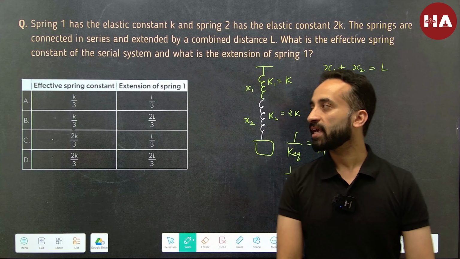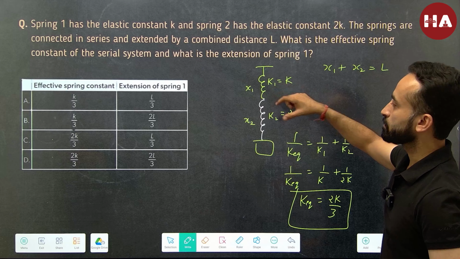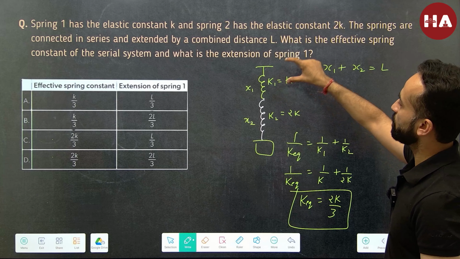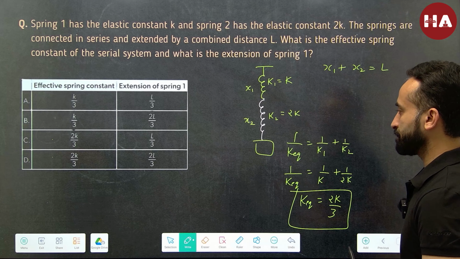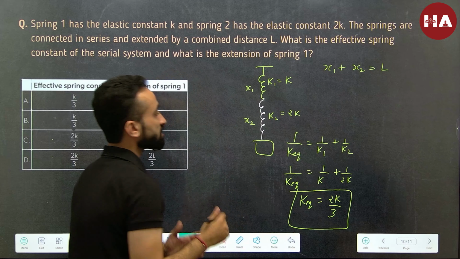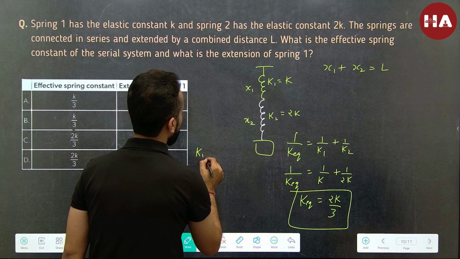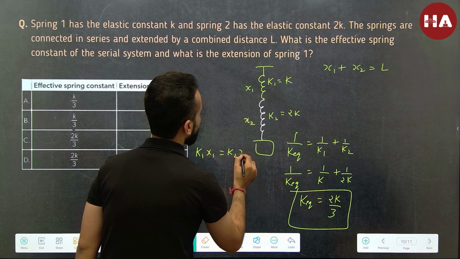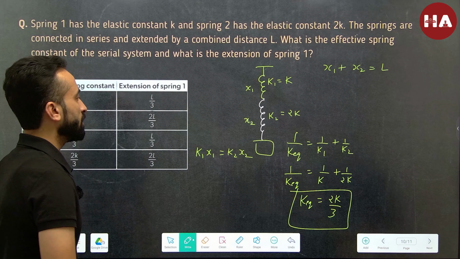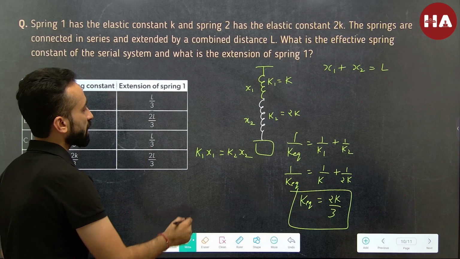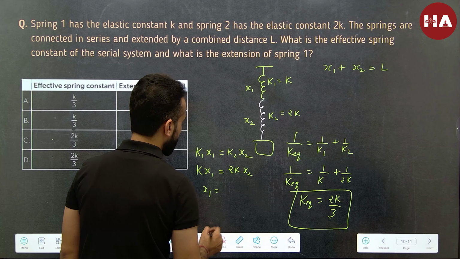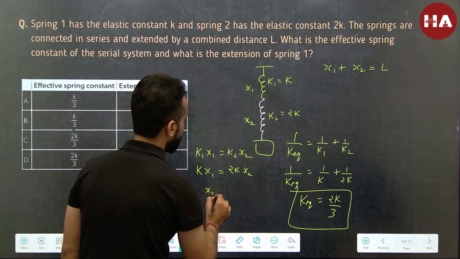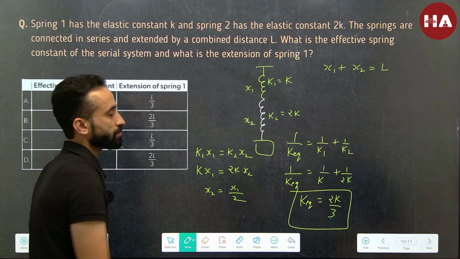Now they are asking us the extension in spring 1. Agreed. This will extend by some amount, this will extend by some amount, and these combined will extend by L. Since the force is the same, can we write K1 x1 equals K2 x2? Of course, yes. So K1 is K, so K x1 equals 2K x2. So the x2 value turns out to be x1 by 2, isn't it?